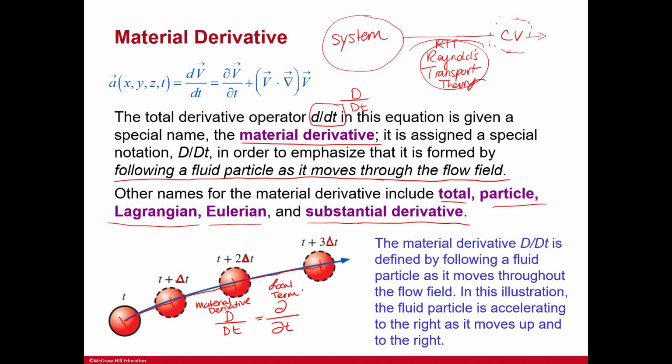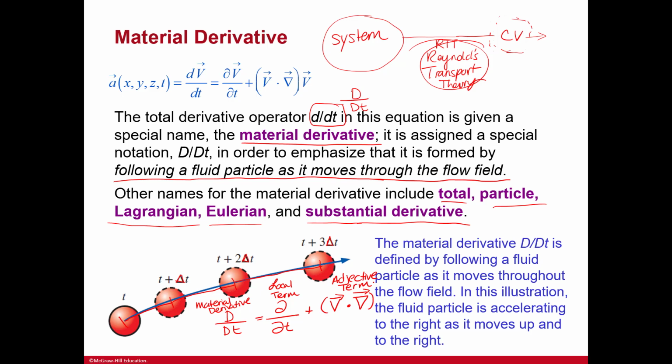And then the local term is the time rate of change of that property inside the control volume. So we're looking at that property inside the control volume plus, we've got a velocity vector. And then this is the advective term.